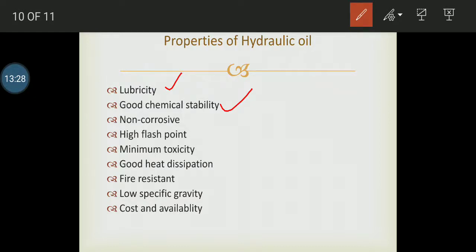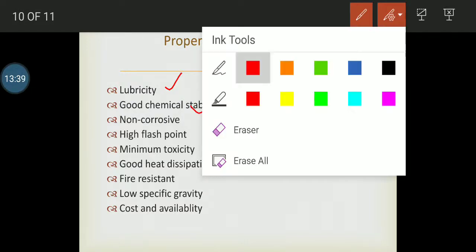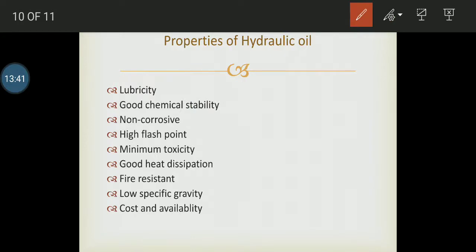So it is very important to have a stable hydraulic oil. Then non-corrosivity. It must be non-corrosive in nature, because otherwise it creates corrosion, as it is in constant contact with metal equipment.